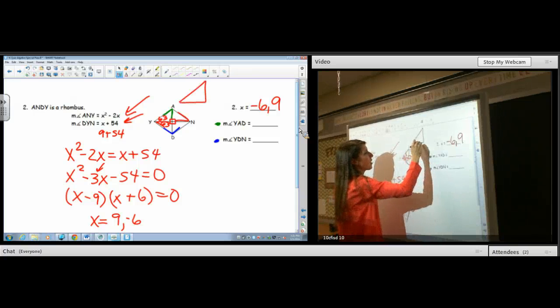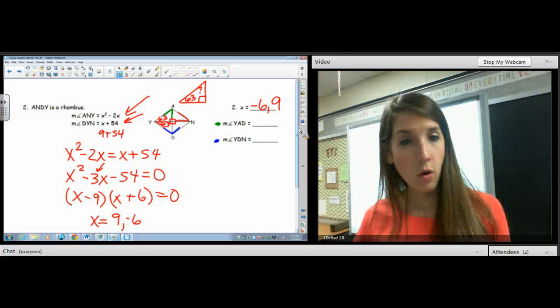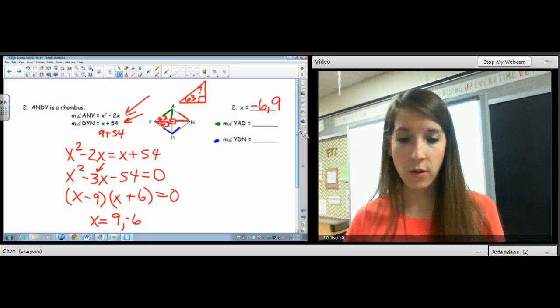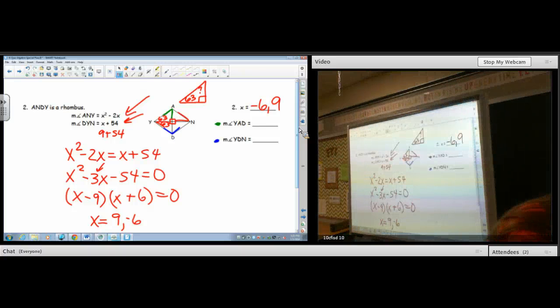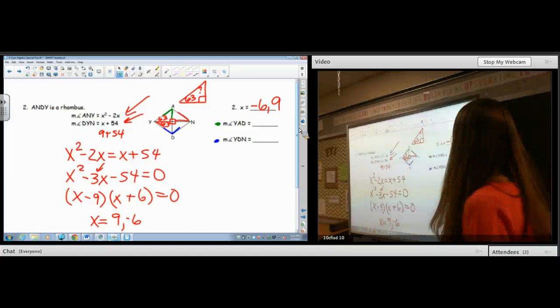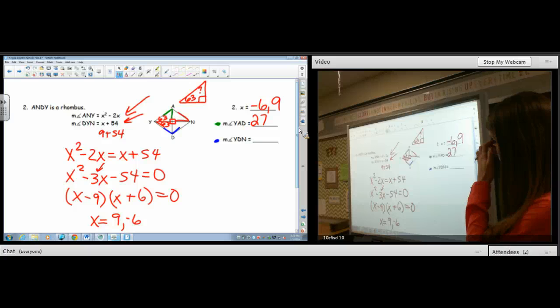So if I were to redraw this triangle, I'd have 90, I'd have 63, and I would have the green angle. So you know in a right triangle, when you know one acute angle, the other one is just 90 minus that angle. So you would do 90 minus 63, and you get 27. So my green angle is 27.